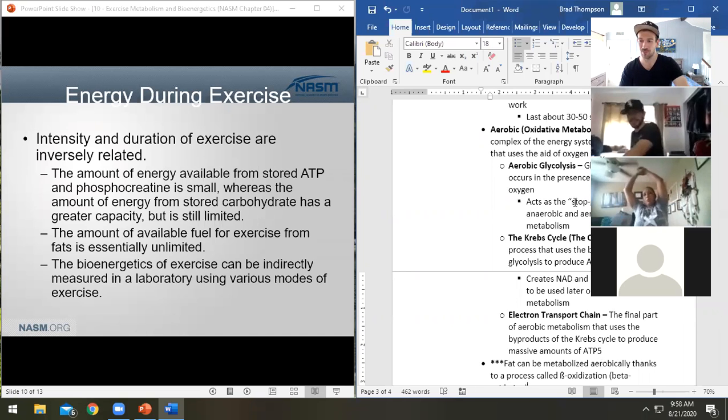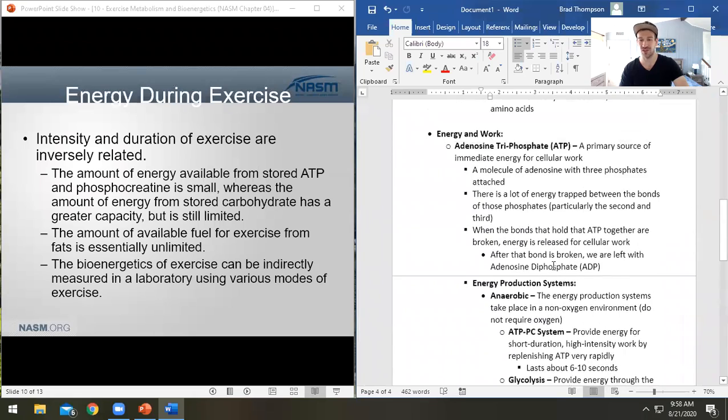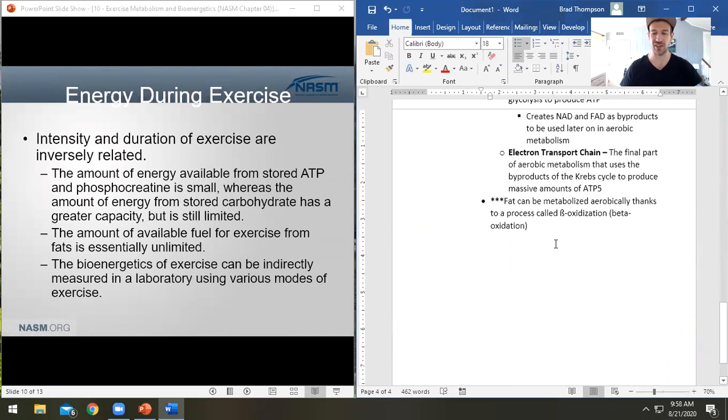We're moving on. So let's take a look at duration and energy systems. Actually, you know what? We'll label this work versus duration, right? So intensity and duration are inversely related.